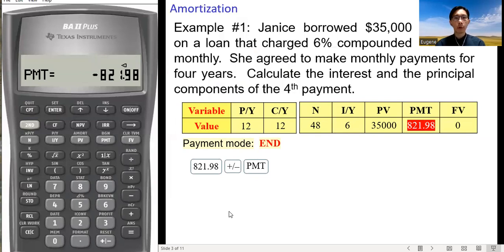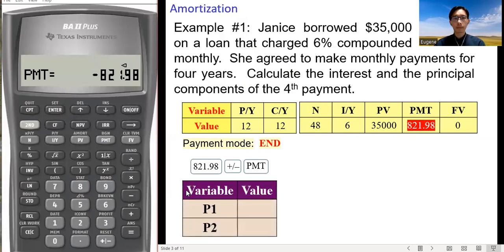And then we can solve the problem regarding the interest and the principal components of the fourth payment. The value for P1 and P2. In this example, we are only interested in the fourth payment. So both P1 and P2 equal 4.